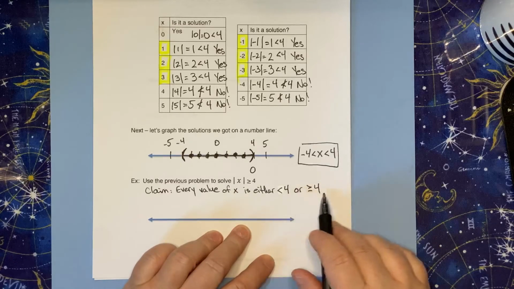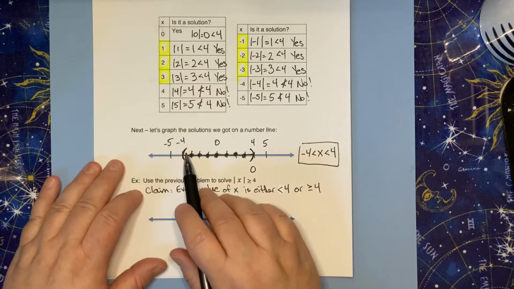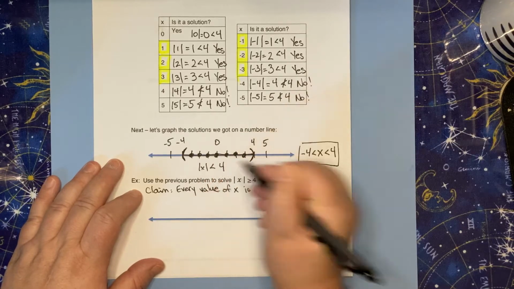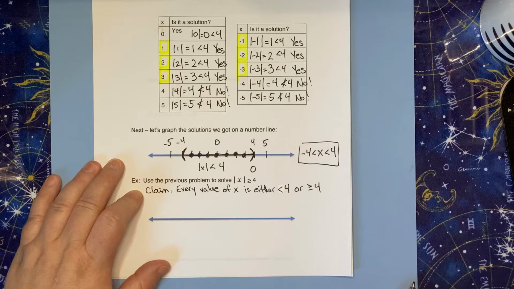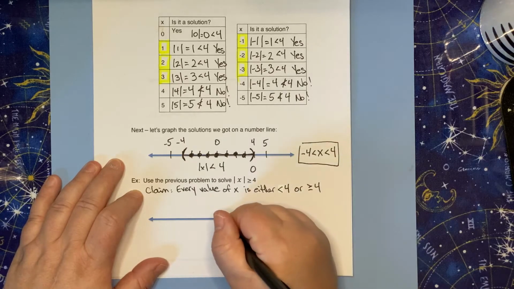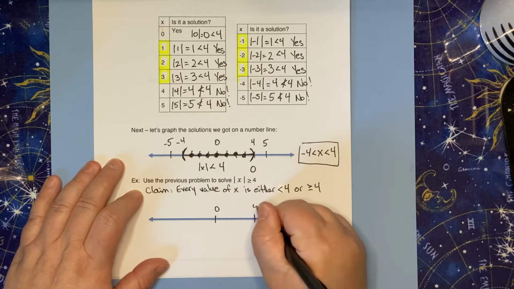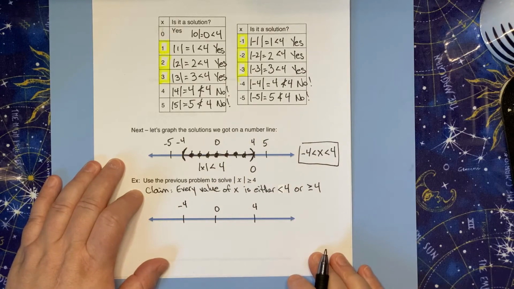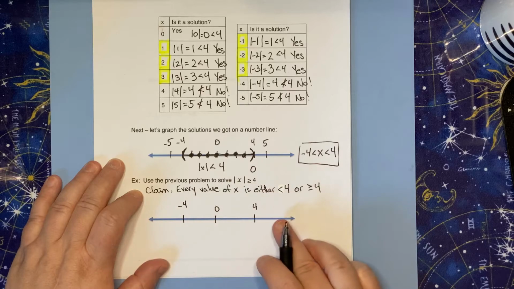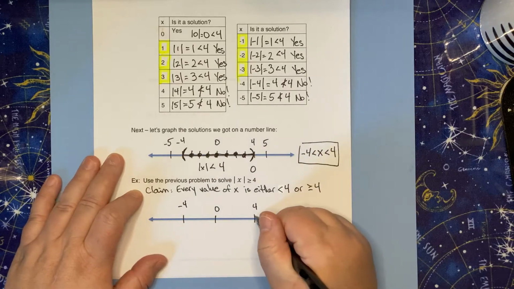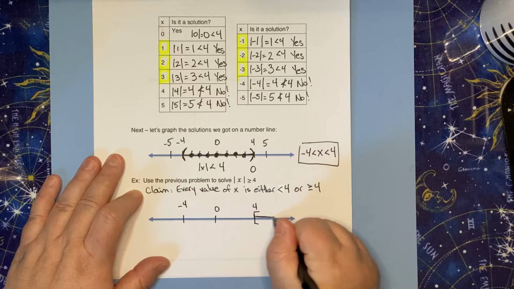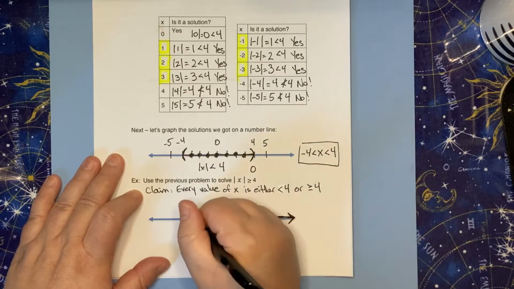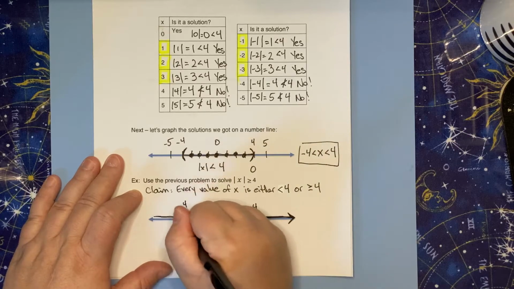So if all the numbers are one or the other, and these are all the ones where the absolute value is less than 4, then if I draw exactly the same number line, I just include all the numbers here that I didn't include there. So I'm going to start at 4 and go out to the end. So everything bigger than 4 or everything smaller than negative 4.